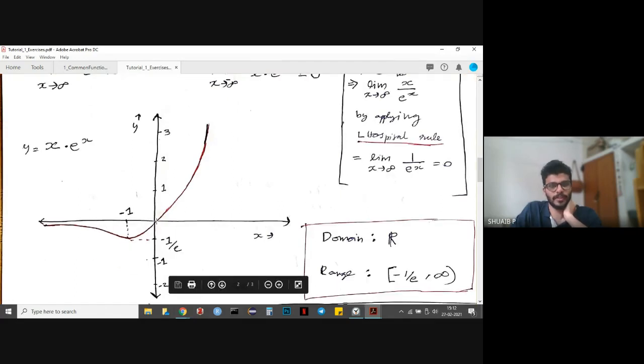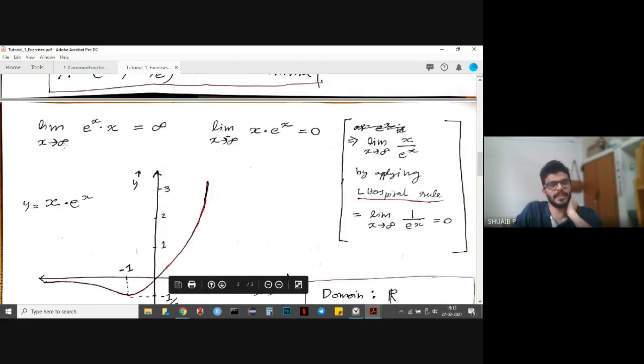So we got a root, and I already plotted the function here, but still you can see we got a root here at (0, 0), and the minima at -1 by e. Now the only other information we want to see is how this function is behaving in other regions. So when x is tending to infinity, you can see e raised to x and x both are tending to infinity.